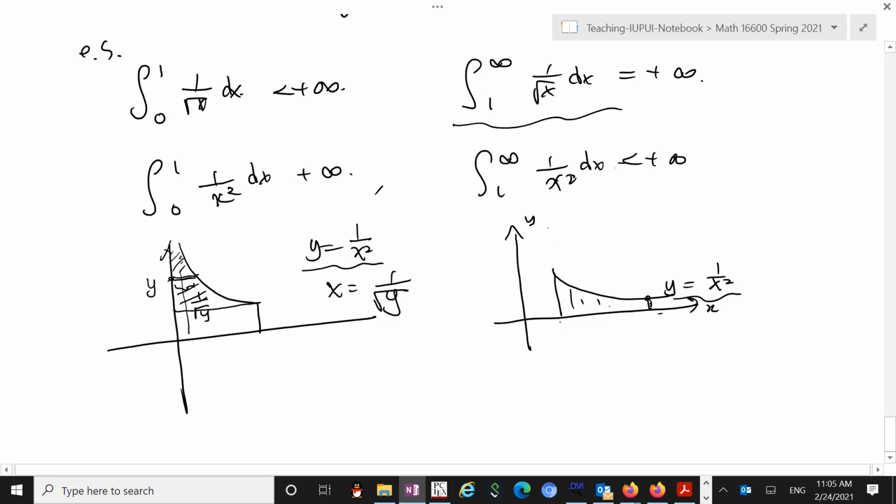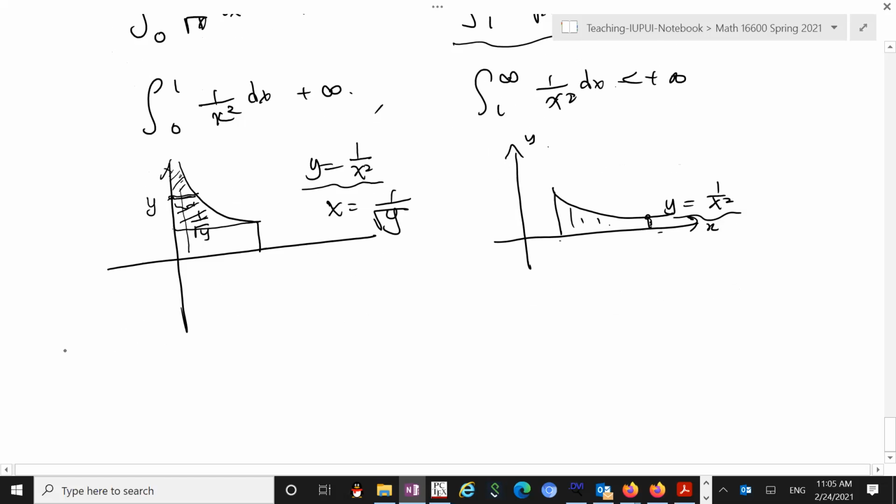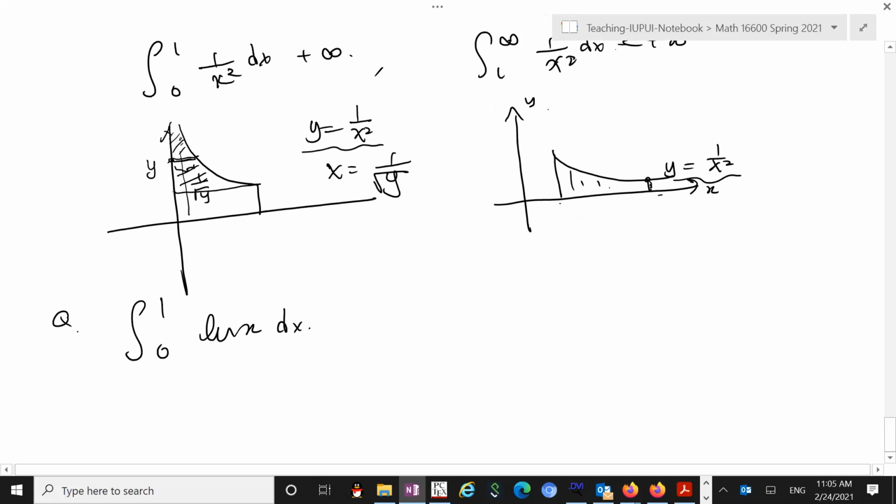Now let's take a look at another one. How about the integral from 0 to 1 of natural log of x dx? Of course, natural log of x is going to be negative. You can put absolute value if you want.